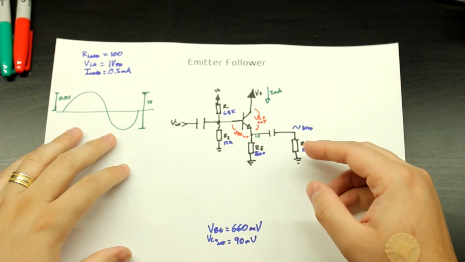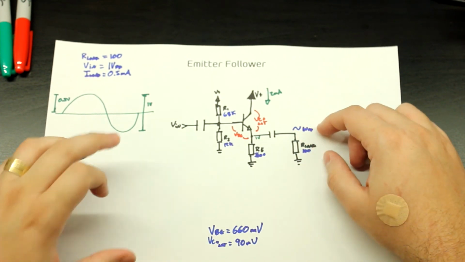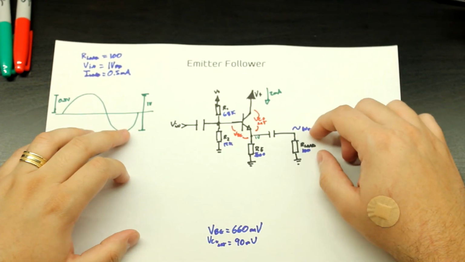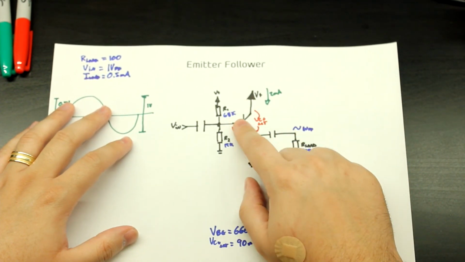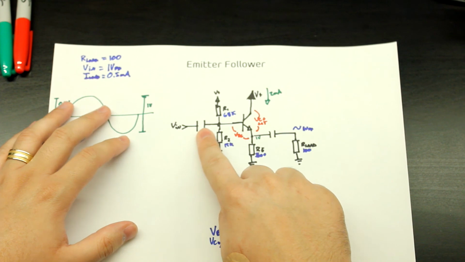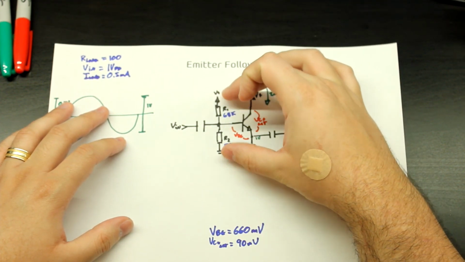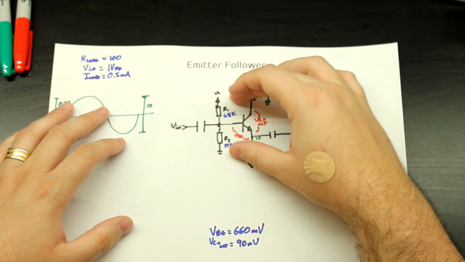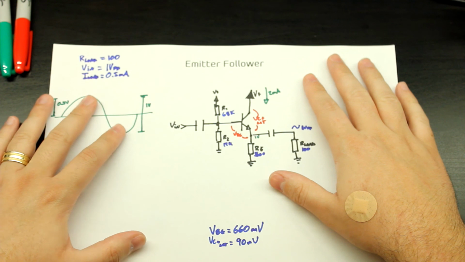But if you're going to be driving, for example, a 16 ohm load, and you're putting, for example, 1 volt peak to peak through it, then you start drawing a lot of current, and this base starts requiring a lot of current through it, which makes this resistive divider have a lower input impedance, and then you just get into a lot of trouble.